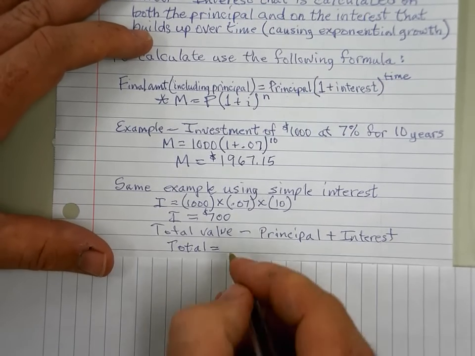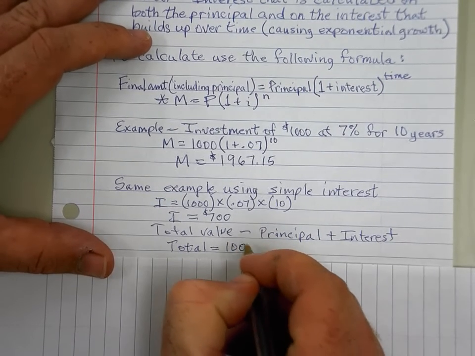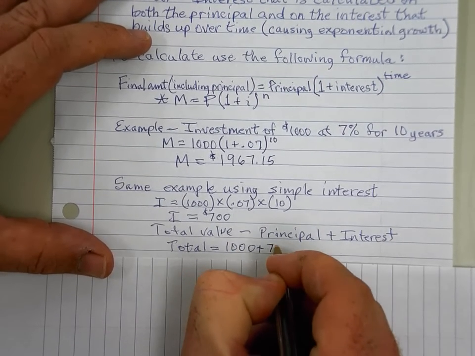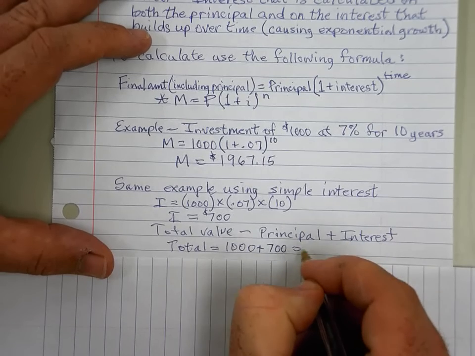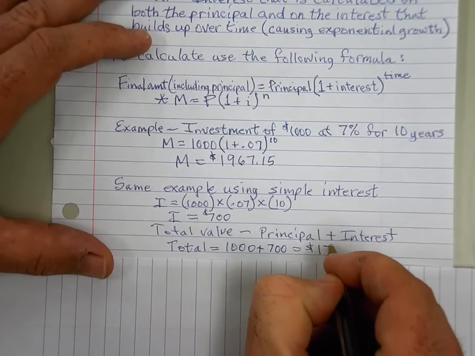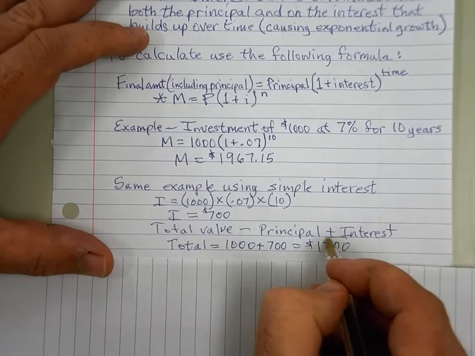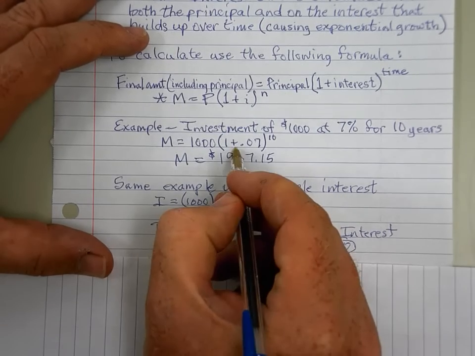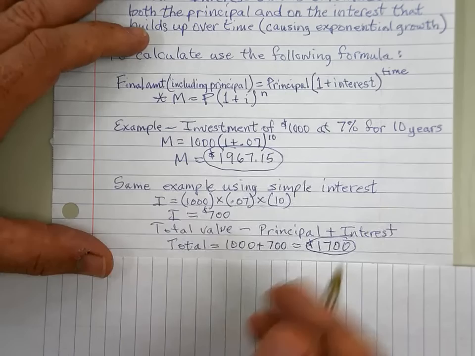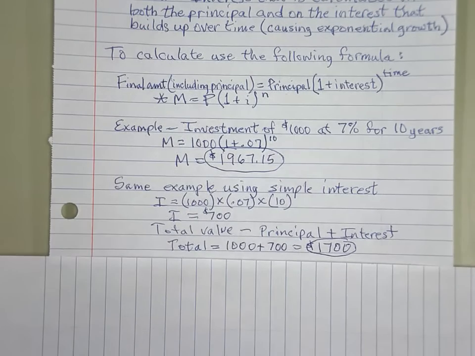So what that will give you then is your interest is going to come out to $700, which means your total value, principal plus interest, would be $1,000 plus $700, which would then give you your total of $1,700. So in those 10 years, instead of $1,700 using compound interest, you pick up an extra $267.